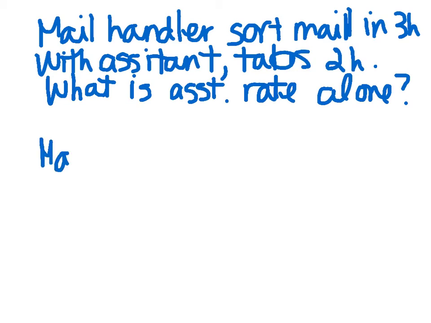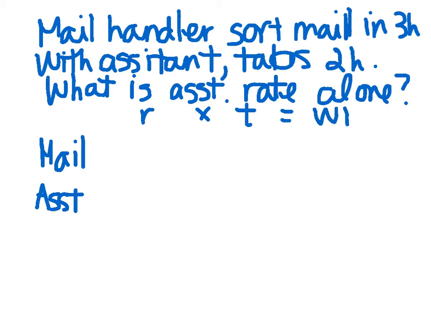So we've got the main guy, and we've got his assistant. We know that rate times time is equal to work done. The male handler, if he can do the whole job in 3 hours, I hope you've got this down, yes, his rate is 1/3. The assistant is the thing we don't know alone. So we don't know how long it would take him alone, but however long that is, he can get 1/x of that done per hour.